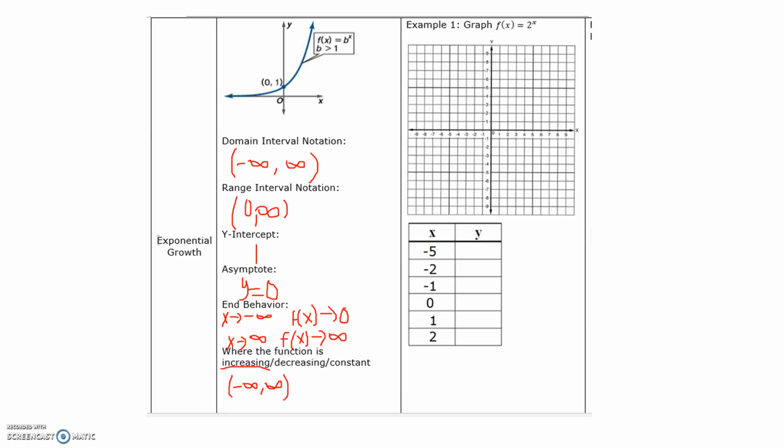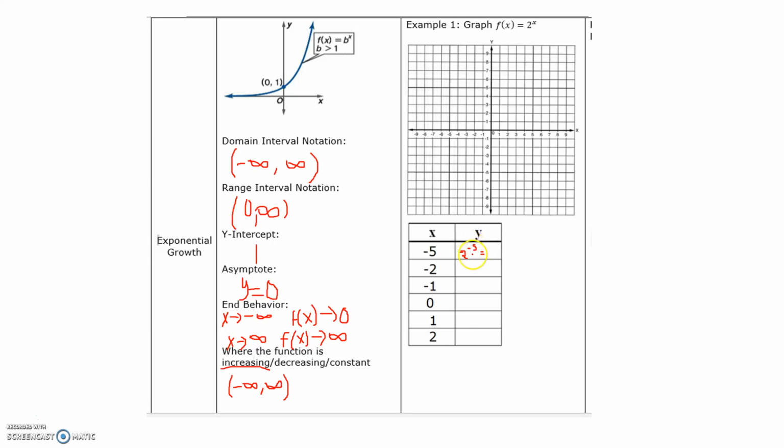Okay. Now I am going to graph an example of exponential growth. My first one is negative 5. So that's 2 to the negative 5th power. There's two ways you can think of this.